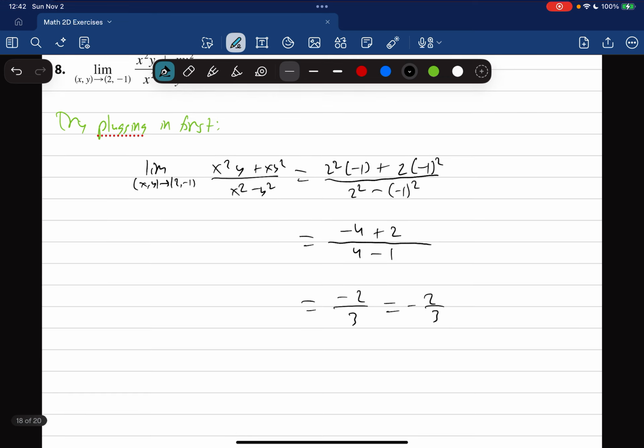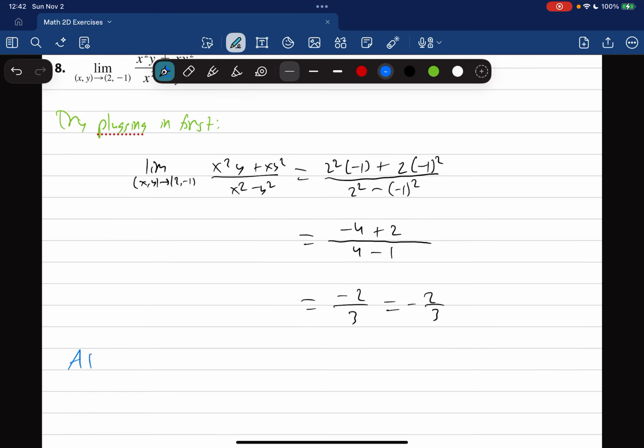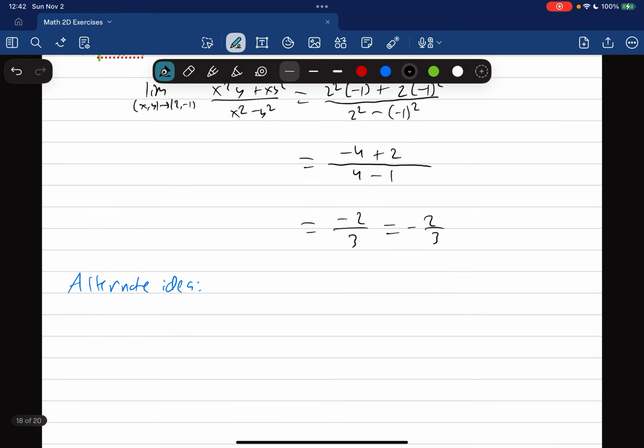which was to note, and I'll write this in blue, that the numerator and the denominator can be factored. So the numerator can be factored as xy times (x plus y), and the denominator as (x minus y) times (x plus y). And so when we cancel these factors, we get xy over (x minus y).